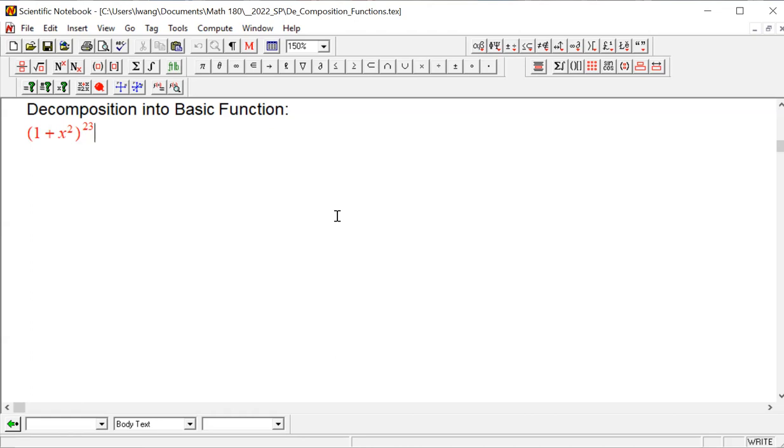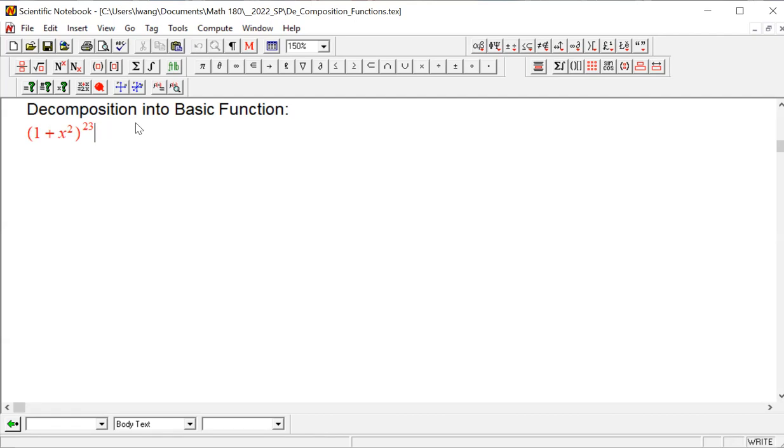How do we decompose that into simpler functions? If we expand this, it's going to be very complicated. So how do we decompose it so that it's treated as simple functions?